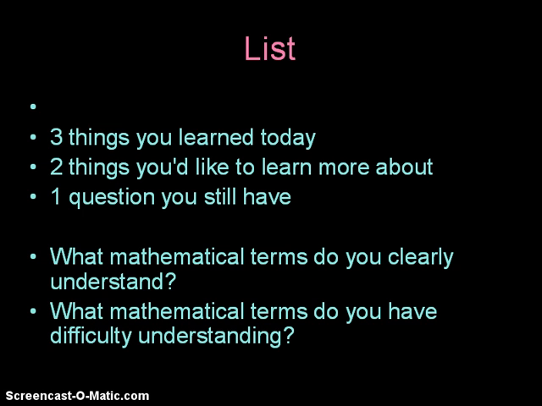Again, please list 3 things you learned today, 2 things you'd like to learn more about, and 1 question you still have. And do you have any mathematical terms that you don't understand? Or which are the mathematical terms you clearly understood with this lesson?